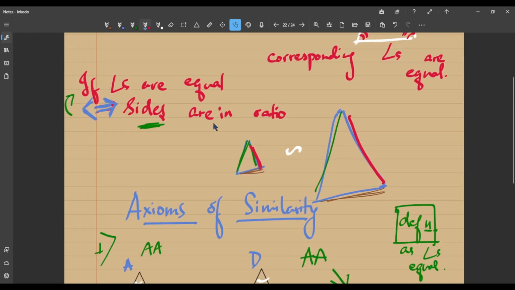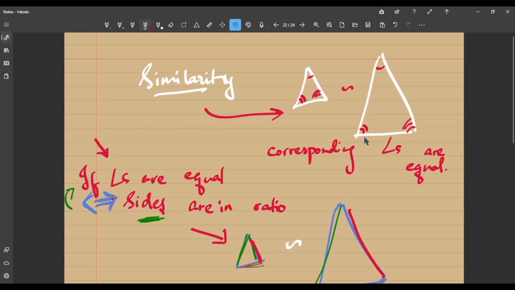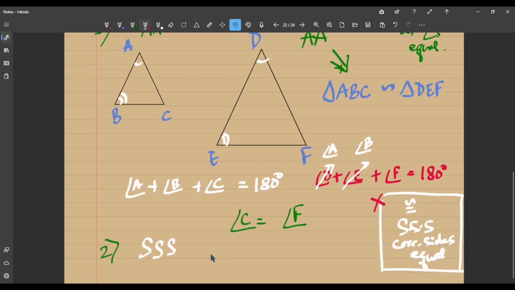As in this case, the corresponding sides are in ratio, and because of the hard work we had done, we say that the corresponding angles are equal, which in turn implies by definition that the triangles are similar. Maybe here the angles were not the same, and the sides were in ratio to begin with.